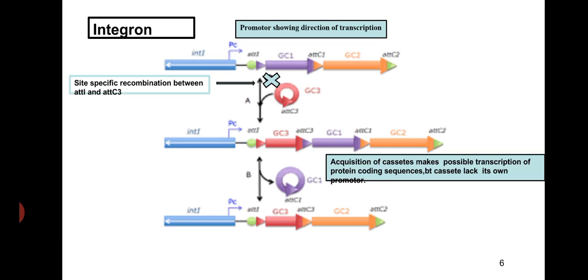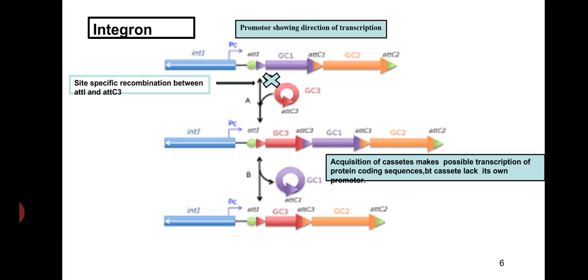Then you can see the Pc promoter, and in light green color the recombination site, that is the attI site. GC1 is gene cassette 1, then again attI, then GC2, that is gene cassette 2, which get incorporated into this integron structure.